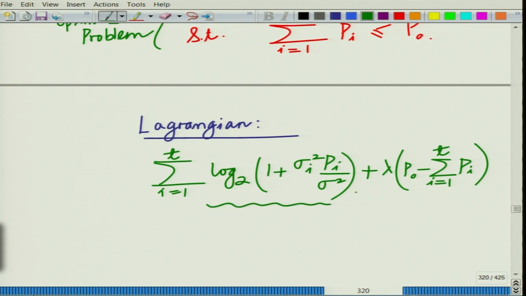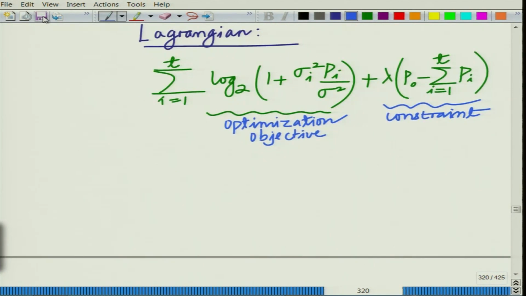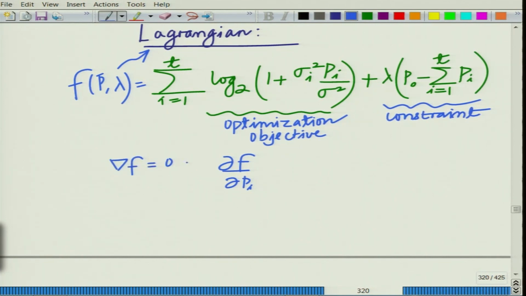So, if you recall, this is the optimization objective and this is the constraint, and therefore this is basically the Lagrangian, and now we have to take the partial derivative of f with respect to p_i. So, the KKT condition is that the gradient of f has to vanish, which implies that the partial derivative with respect to each p_i has to be equal to 0, right, for i equal to 1 up to t.